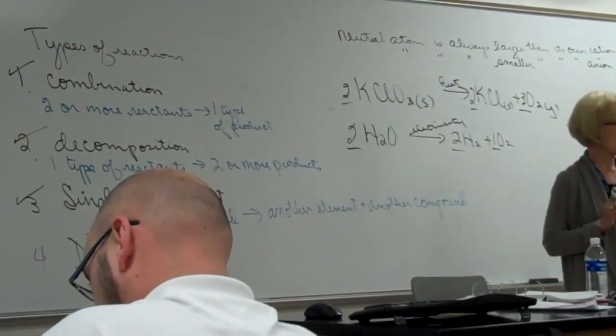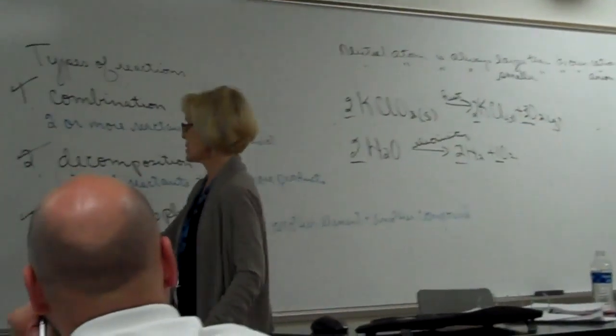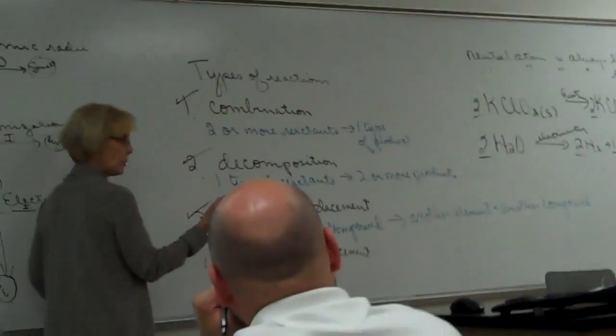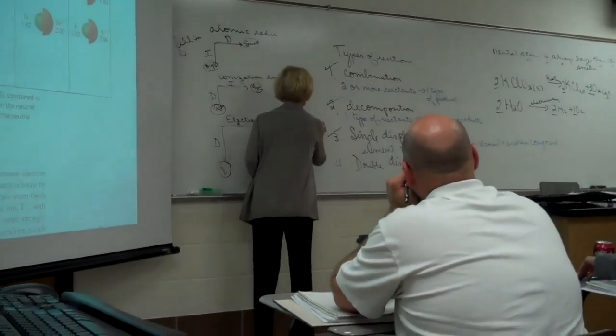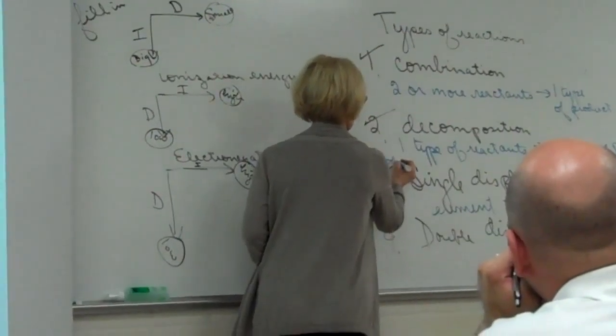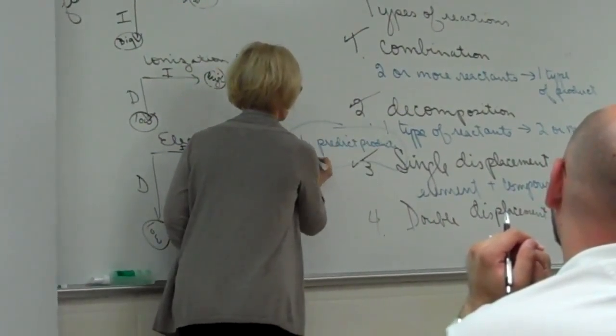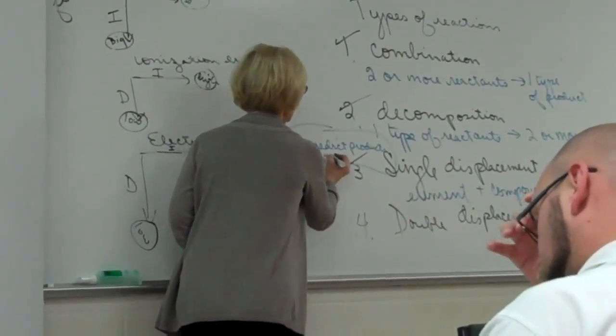Now on this type, I'm going to work you a lot harder, because on this type there's going to be a couple of things. One, predict products. Two, will it go?